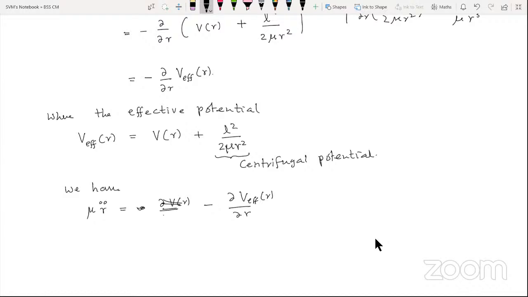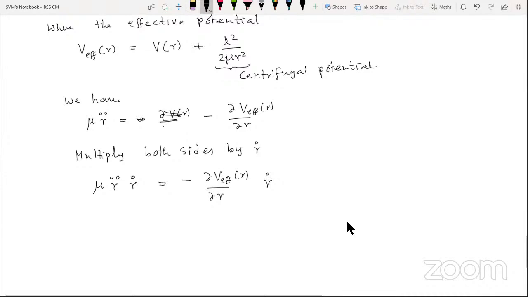So what we do is we multiply this equation on both sides by R dot. Then I have mu R double dot into R dot is equal to minus dou V effective of R by dou R into R dot. Now I'm going to use a trick.